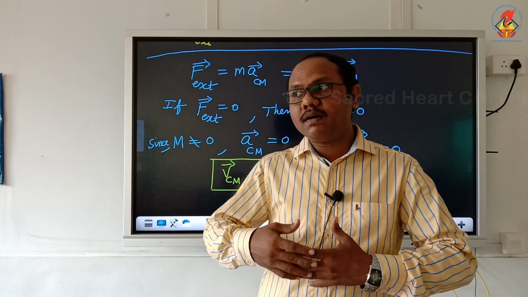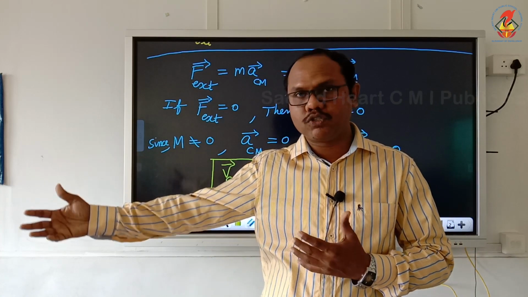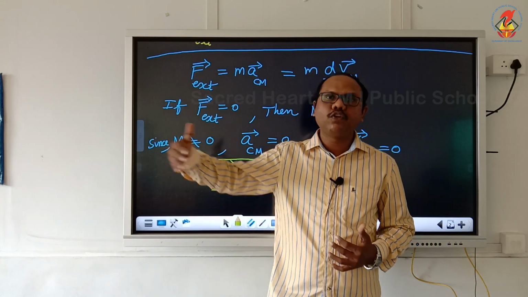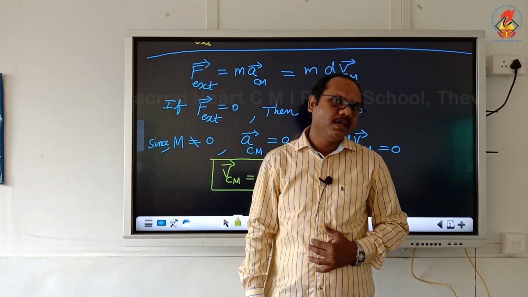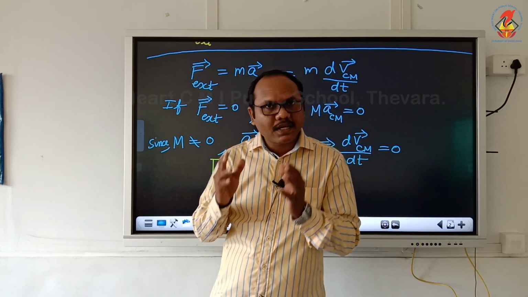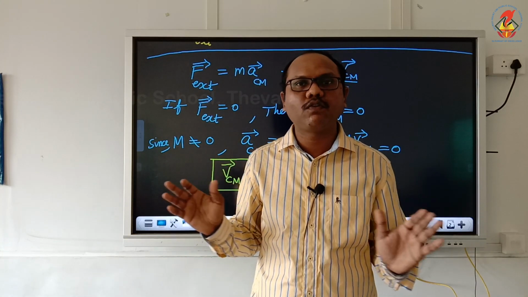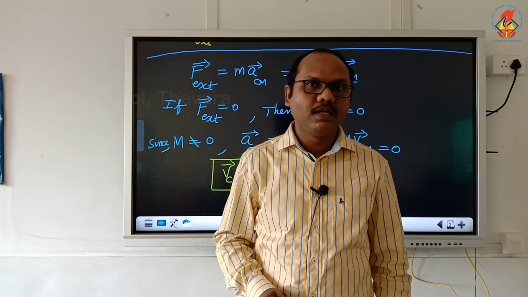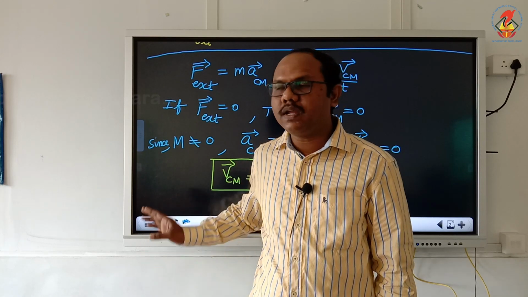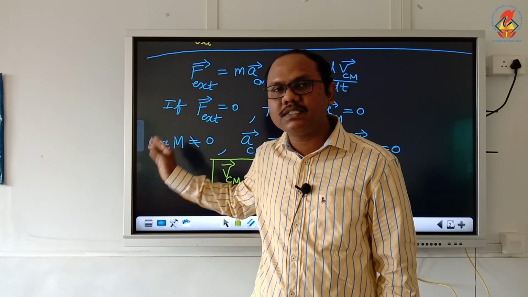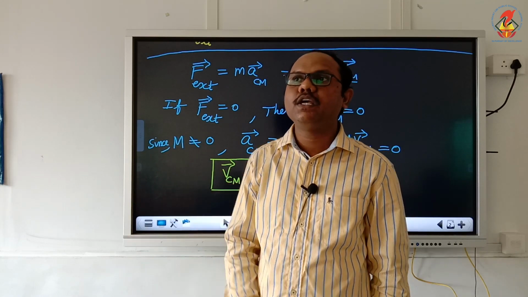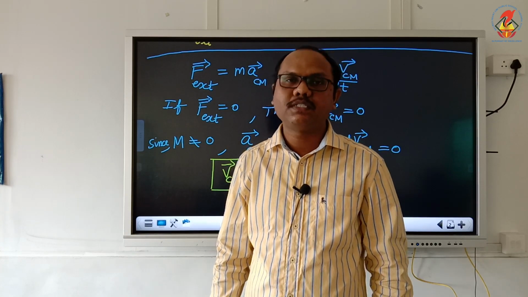If the body was initially in motion, the body will continue to move with the same velocity. If the body is initially at rest, it will continue to be in the state of rest itself. So, that is what I told. If external force acting on the system is 0, the velocity of the center of mass is constant.